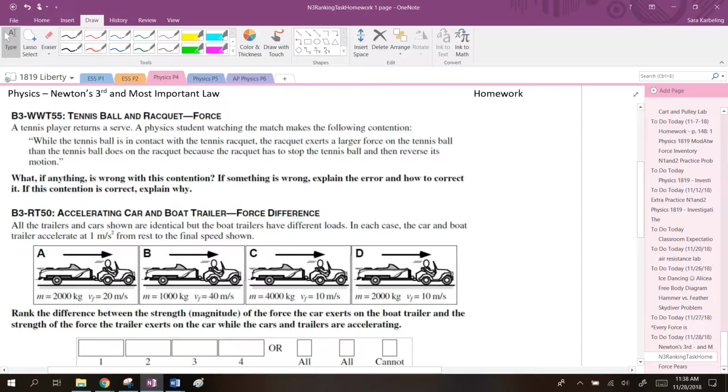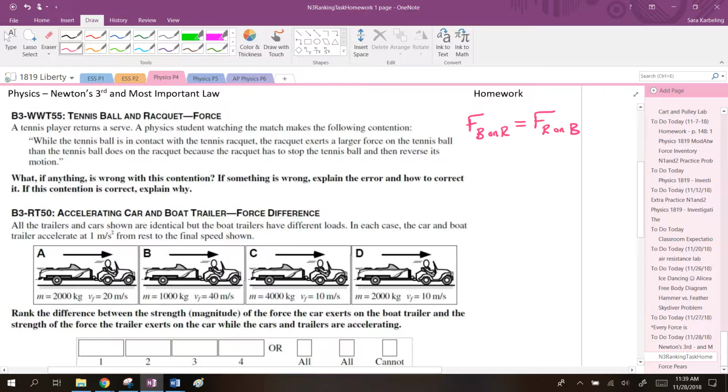Leanne, you're shaking your head a little bit. You do not agree? No? So you're not going to start a fight about it, but what are you going to say to convince them otherwise? Okay, so you could say that the forces are equal. So what forces are we talking about? The force of the ball on the racket is equal to the force of the racket on the ball.